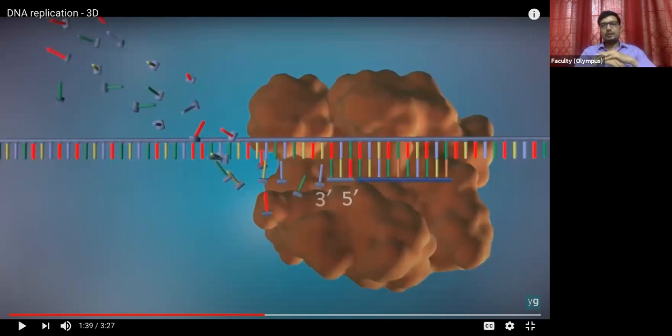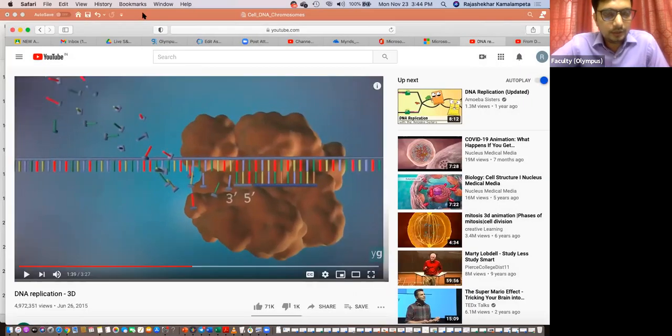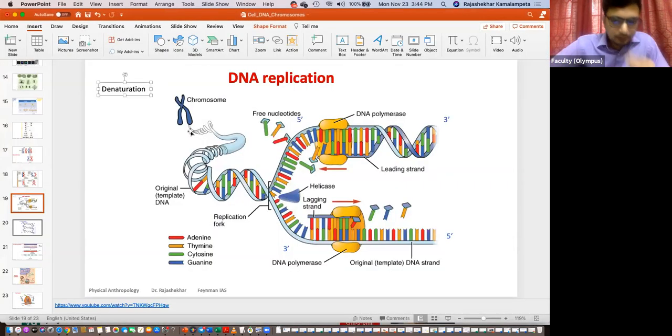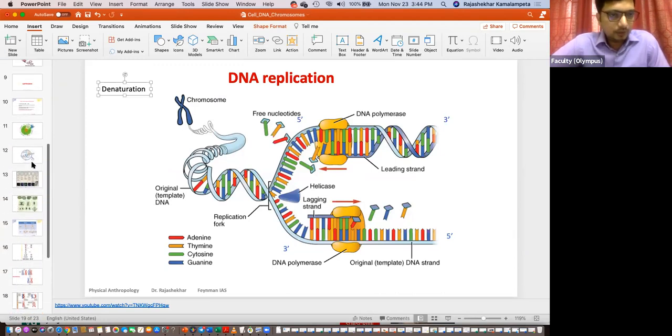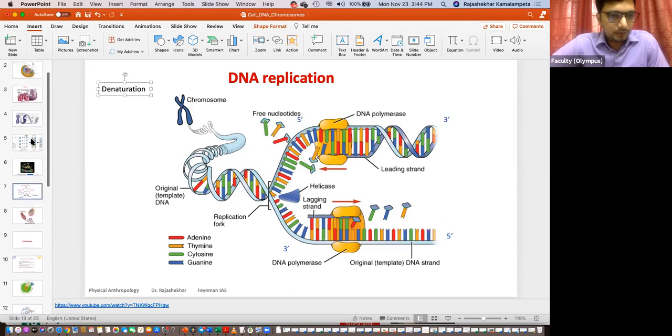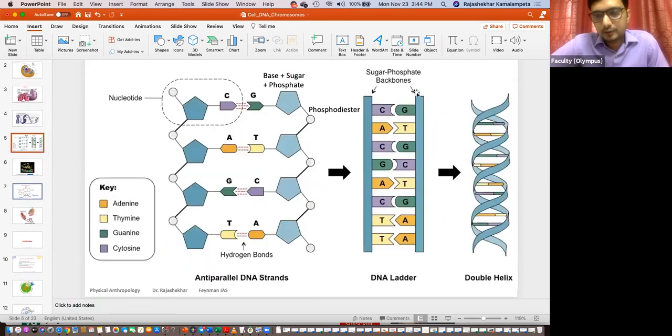So let me first explain what the two ends of a DNA are. For that, let me take you back to the PowerPoint slide. In this DNA structure, something that we have already seen in the previous slides, we talked about this being a double-stranded DNA. There are two strands.